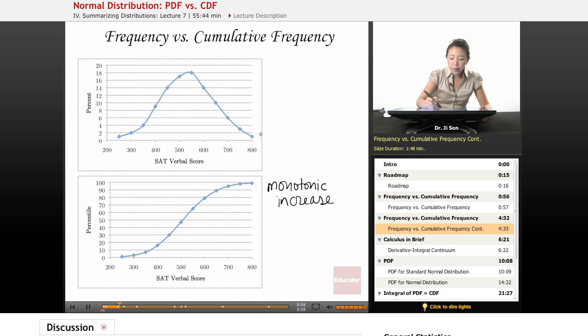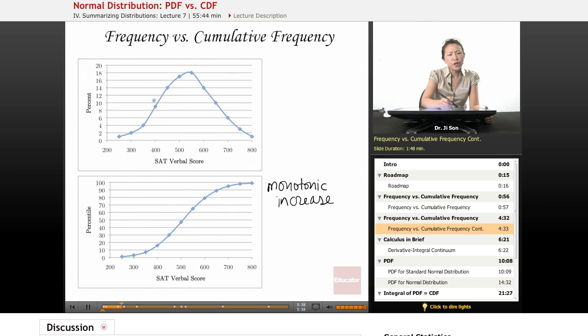Whereas before in frequency, we could have non-monotonic curves, because there you could go up, you could go down, we could have a uniform distribution, we could have all kinds of things. In a cumulative frequency distribution, you can still have a uniform distribution if everybody has only received the bottommost score, because you'd be adding 0 every time. But otherwise, the most frequent shape that you'll see is a monotonic increase that looks like this.